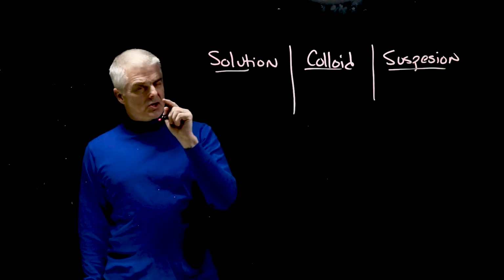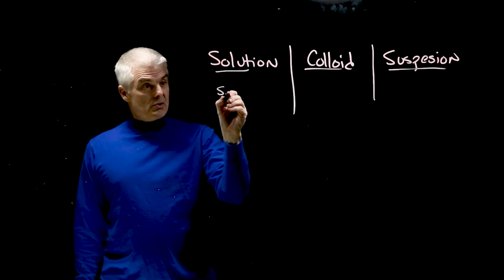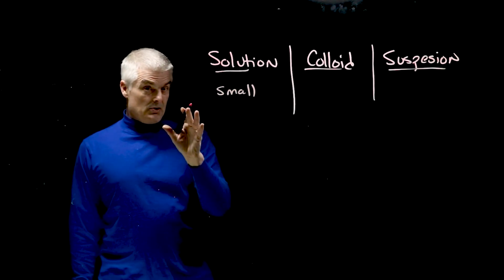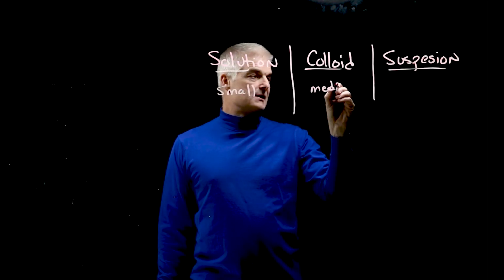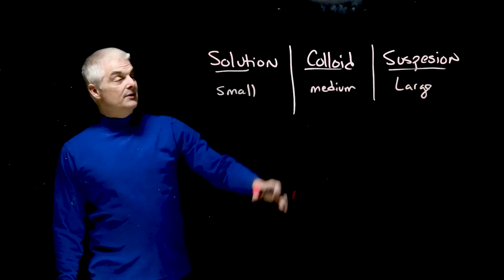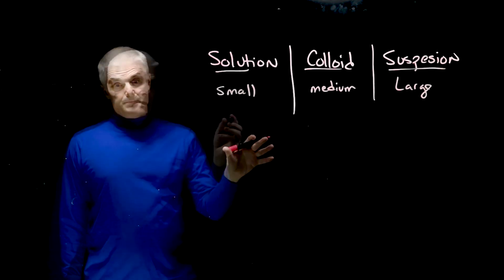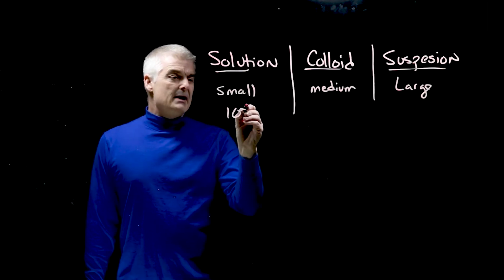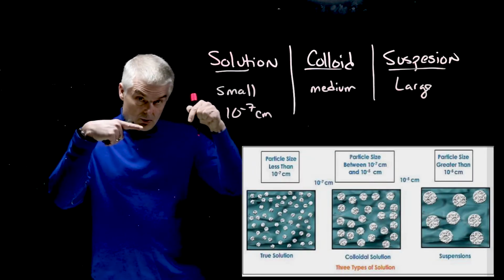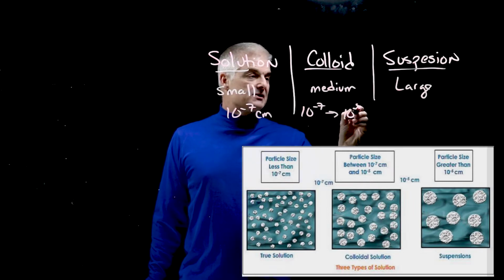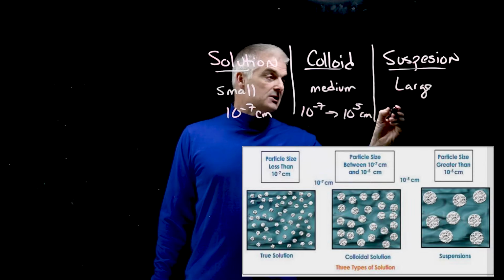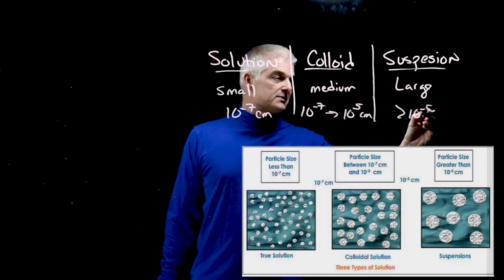Solutions are super duper small, like really small, colloids are medium in size, and you can probably figure out that suspensions are large. In fact, how small? Solutions are 10 to the minus 7th centimeters or smaller. Colloids are 10 to the minus 7th to 10 to the minus 5th centimeters, and suspensions will be greater than 10 to the minus 5th centimeters.